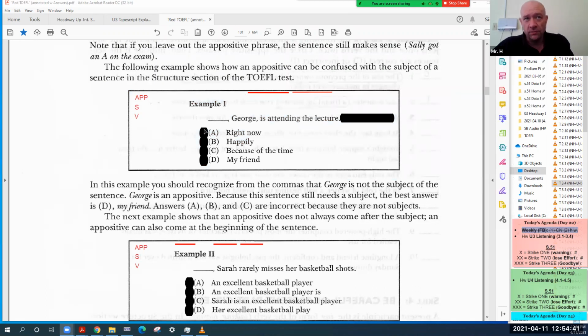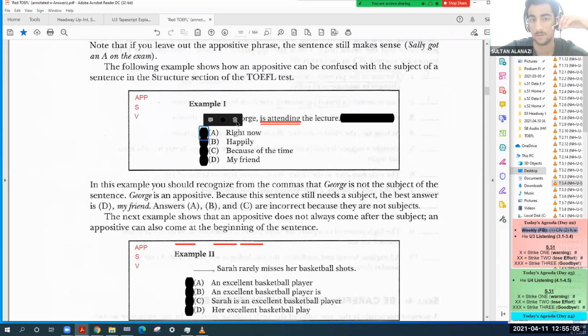So let's find the verb first of all. Where's the verb? It's attending. It's one verb with two parts. Now, what's the problem with alpha? It's not the subject.